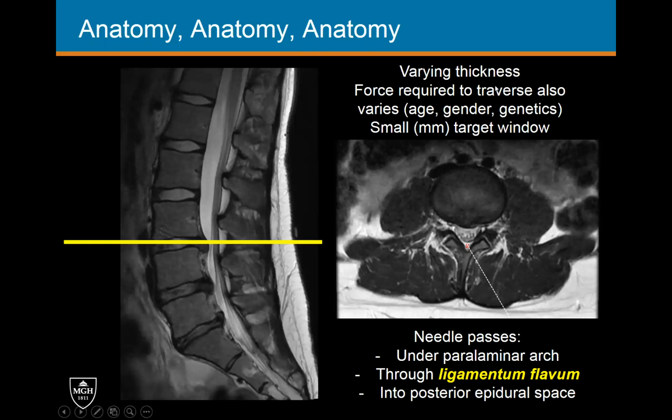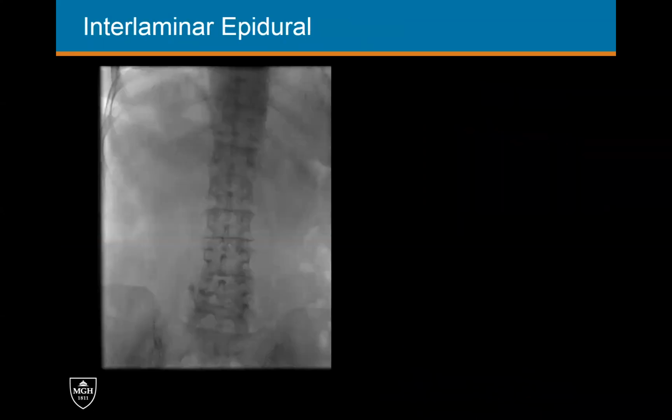But it's a varying thickness, and the force required to traverse also varies. And it's a very small window. I mean, on this side, you can probably measure it, but here, it's almost imperceptible if you're coming from this side in terms of measuring it. So I always tell my fellows, don't rely on feeling the ligament. If you feel it, great. But if you don't, don't think, oh, I didn't feel the ligament, so I'm not there yet.